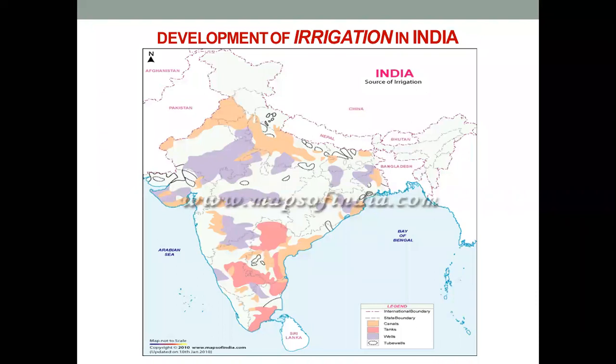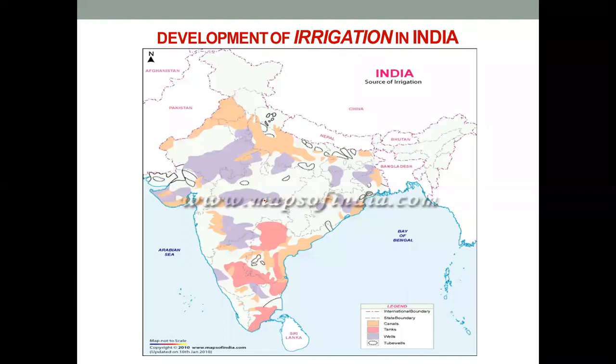The second part of the first unit is introduction to hydrology, which is a very small part that can be completed in just half an hour. And the third part is water requirement of crops. Now we are completing the first part, the introduction to irrigation, and the last point that we are going to see is development of irrigation in India.